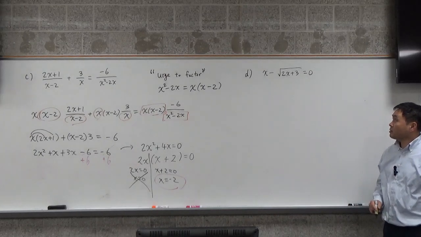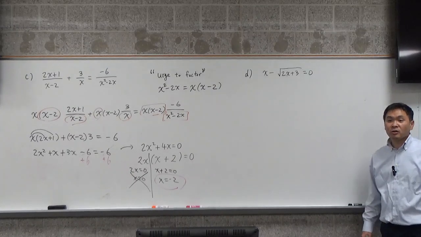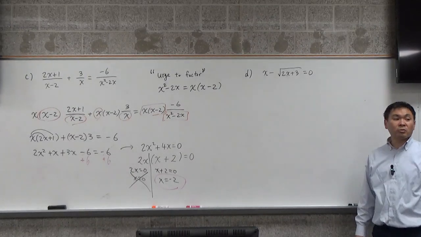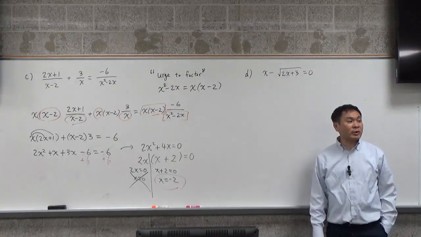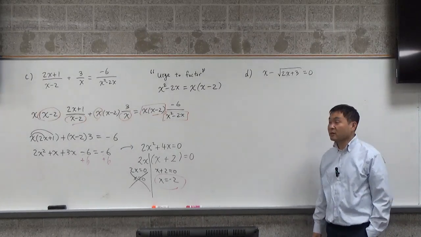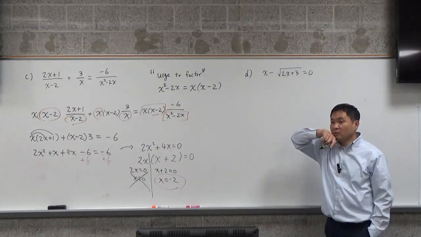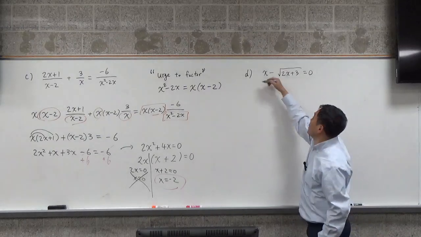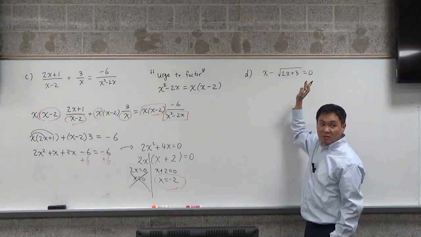Okay. This next one is a bit different now. It has a square root. When you have an equation with a square root, you have to get rid of the square root by doing what? Squaring it, yes. So we have to square this one, but you can't just square both sides term by term. That's not allowed.